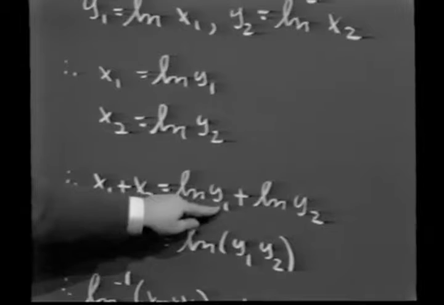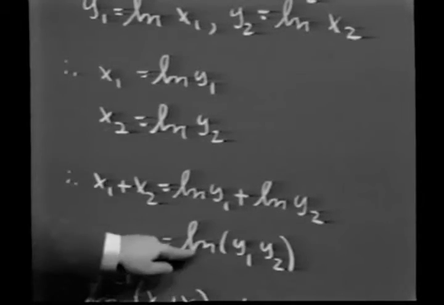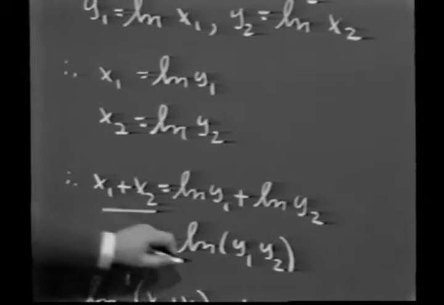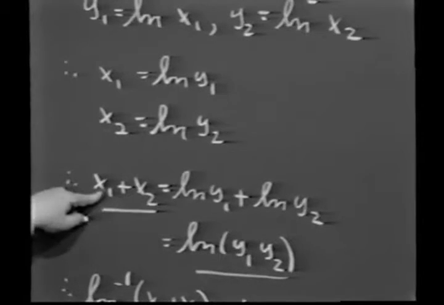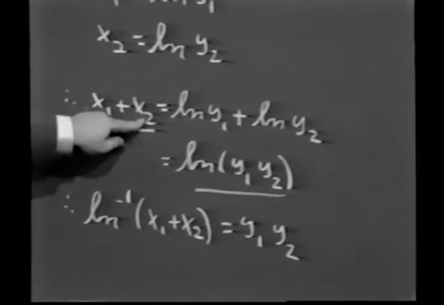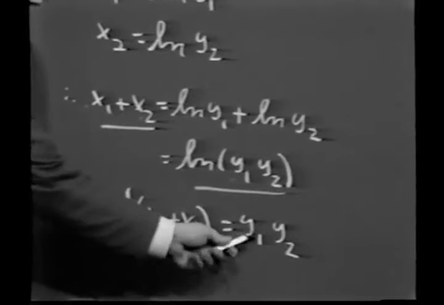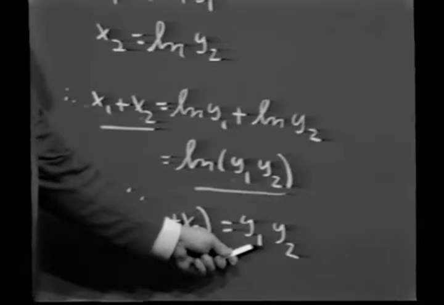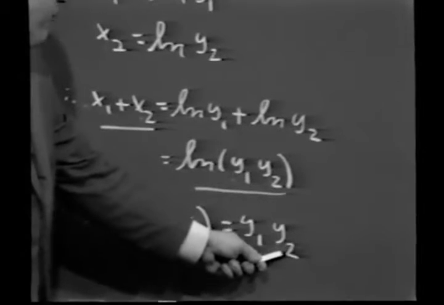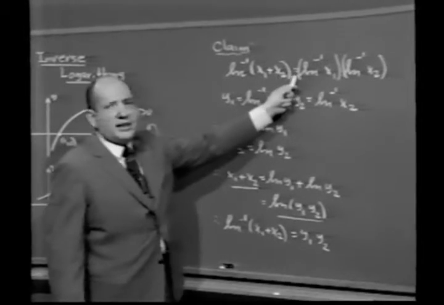In other words, natural log y1 plus natural log y2 is just the natural log of y1 times y2. And now taking this relationship and inverting it, the inverse natural log of x1 plus x2 is equal to y1 times y2. And if you now observe that y1 was the inverse natural log of x1 and y2 is the inverse natural log of x2, we have the result that we claimed we would have at the beginning.